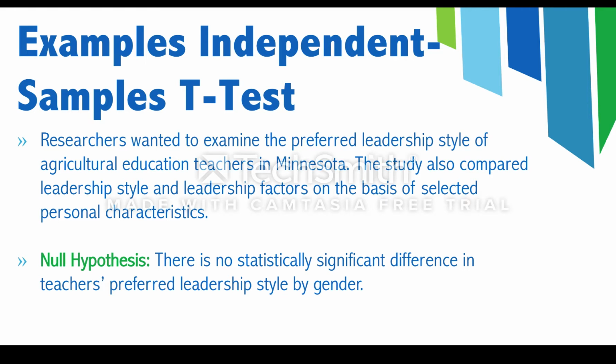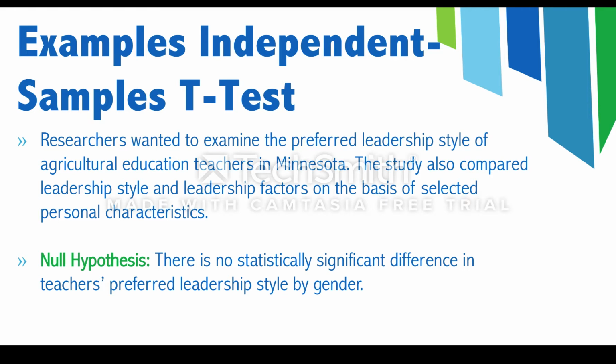Researchers wanted to examine the preferred leadership style of agricultural education teachers in Minnesota. So the study compared the leadership style and the leadership factors on the basis of selected personal characteristics that let them decide the preferred leadership style based on their characteristics of gender, age, years of teaching, burnout, a number of variables.